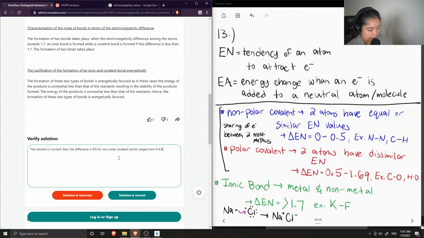Let's say 0.4. For polar covalent bonds, it's 0.5 to 1.69.